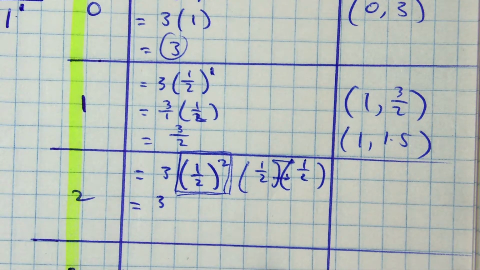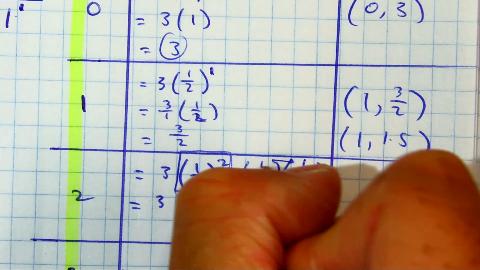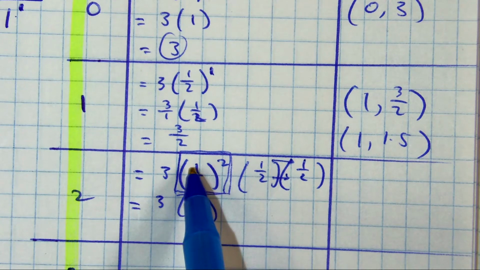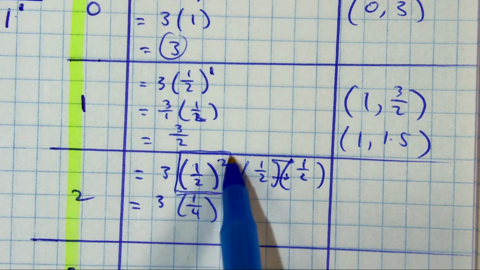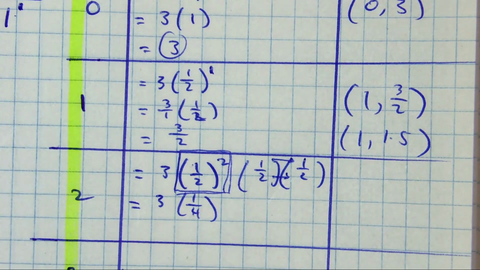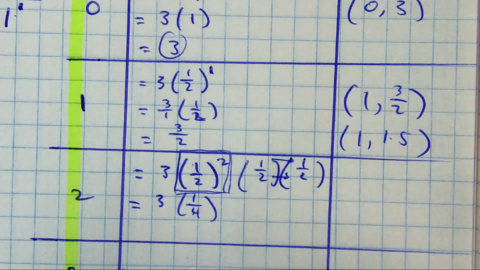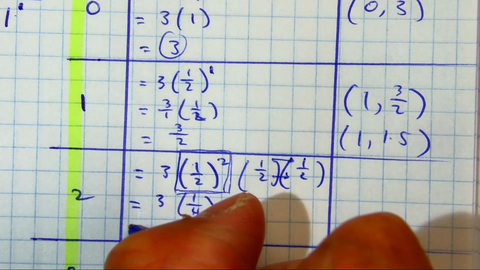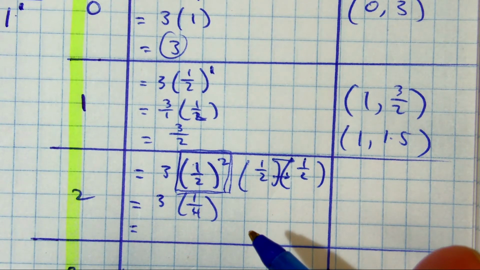What do you get? 1/4. Remember, if you applied the power rule, that would have been 1 squared, which is 1, and 2 squared is 4. And Jonathan, 3 times 1/4, as a fraction?